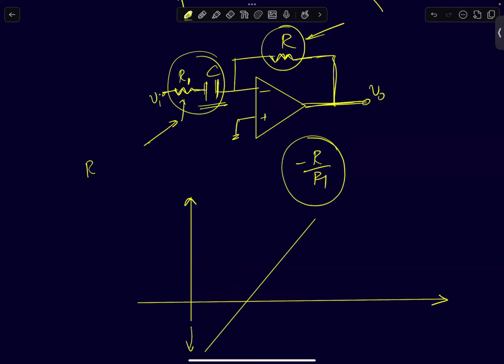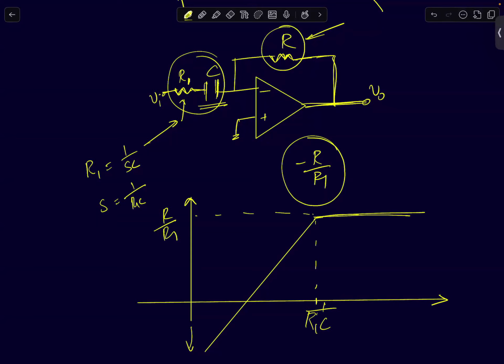That happens when R1 becomes equal to 1 by SC. So S is equal to 1 by R1C. At that pole frequency, which is 1 by R1C, the transfer function starts to flatten out after the pole. And the gain value will be R by R1.